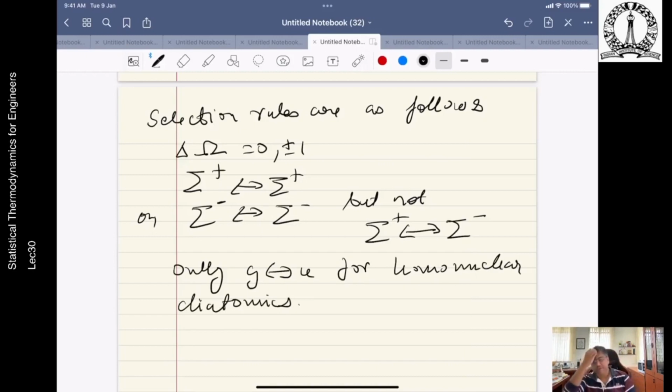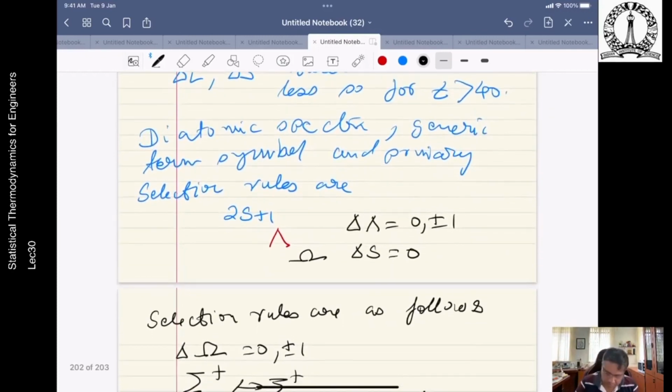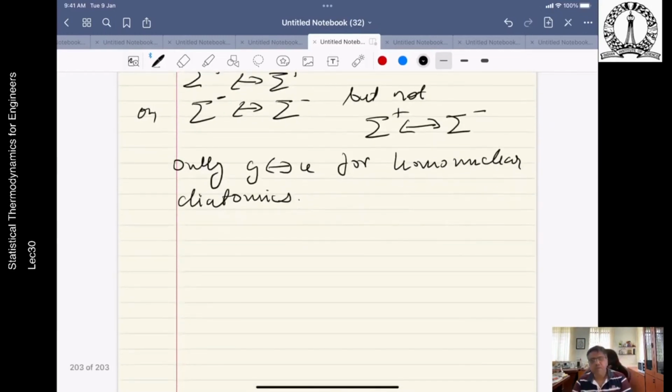If you look at this particular equation, let's call this one. And we note that, now let us look at table 6.8 very quickly.